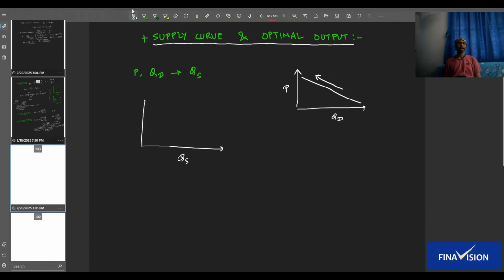The supply and the price will be related like this. Initially, let's say the price is here and the supply is here. Now, the businessman or the producer decides to increase the supply and see whether price increases or decreases. Now, the supply is here. Let's say the price comes to this place.